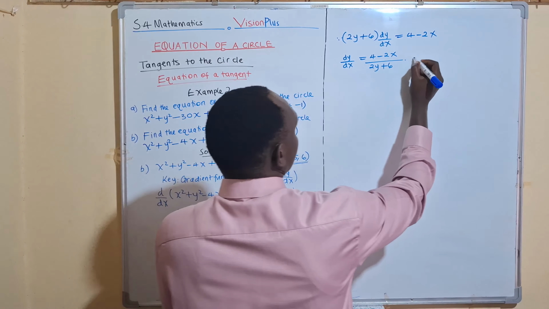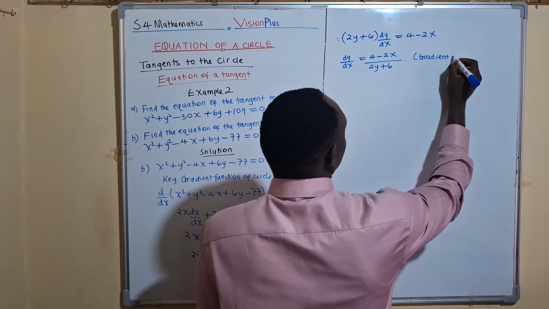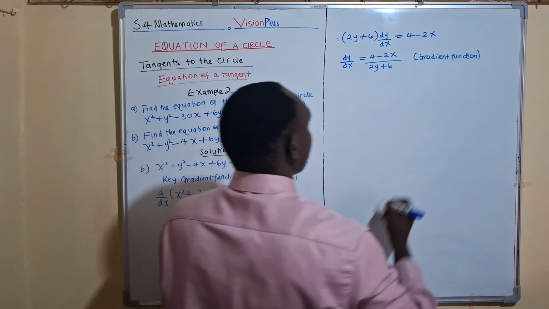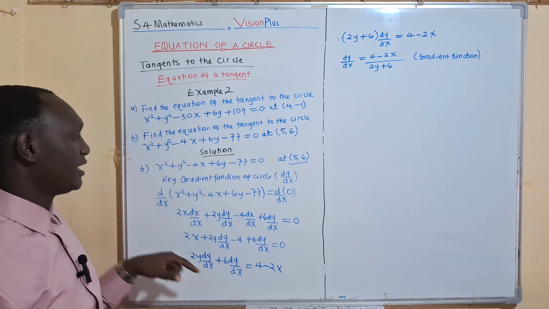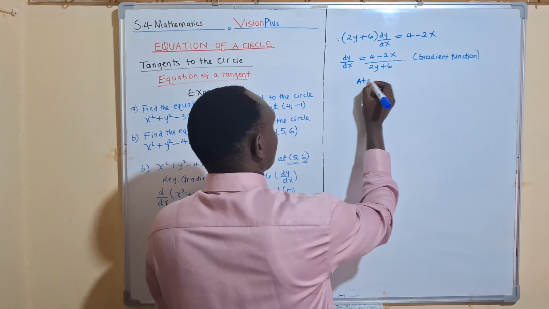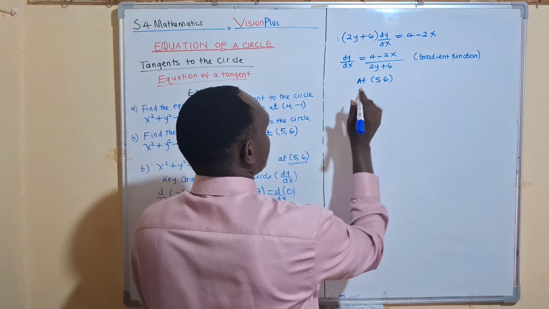So this is the gradient function of the circle at any point. This gives us the gradient of the circle on any point on the circumference. So at the given point (5, 6), we can now get the gradient of the circle at that point.